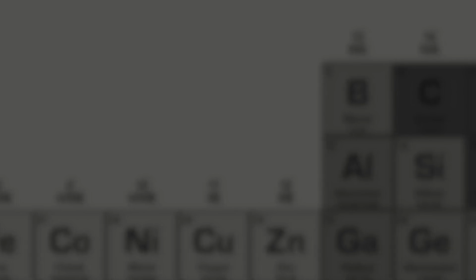The reactivity increases as we move down the group. Lithium, with atomic number 3, is the least reactive alkali metal, while francium, with atomic number 87, is the most reactive, although it is radioactive and rare.